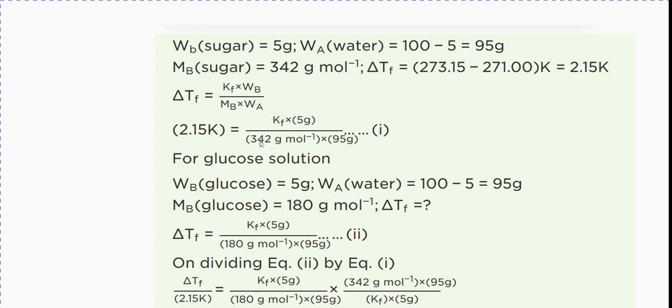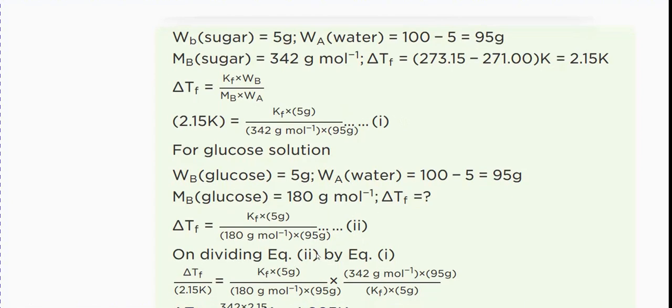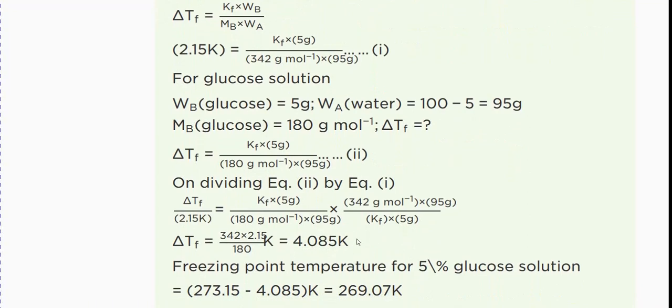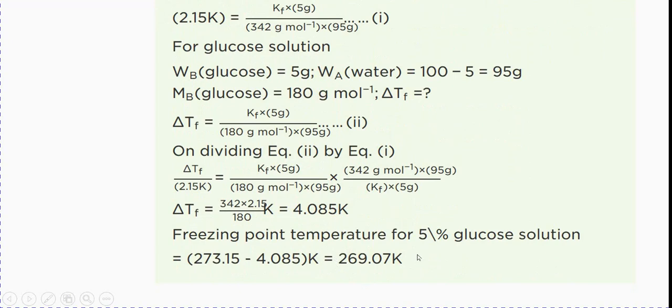By applying this formula, first we get the equation for cane sugar, and in the same way we get the equation for glucose. We divide the equation of glucose by the equation of cane sugar, and thereby we get the ΔTf value. From this value, we can find the freezing point of the 5% glucose solution.